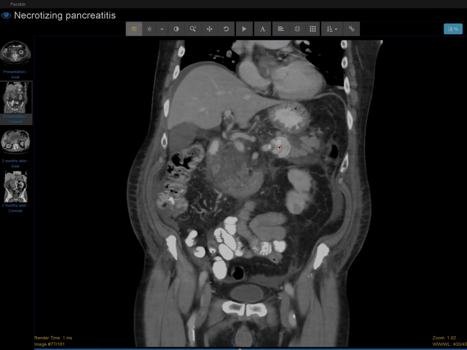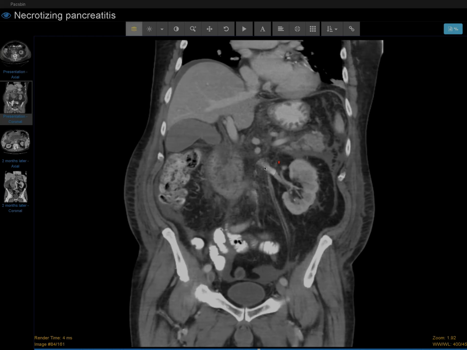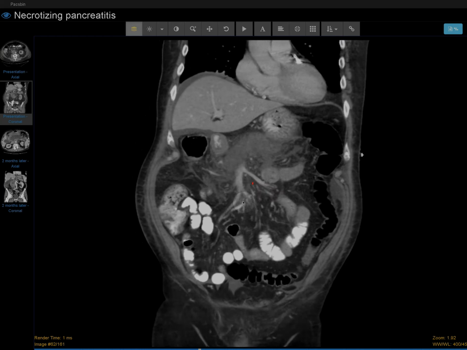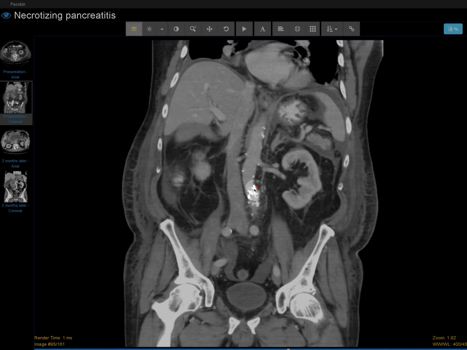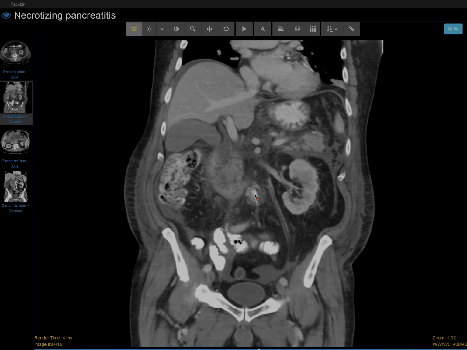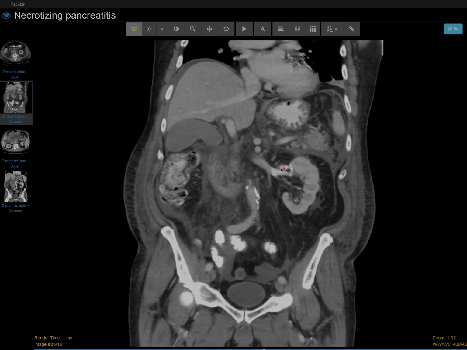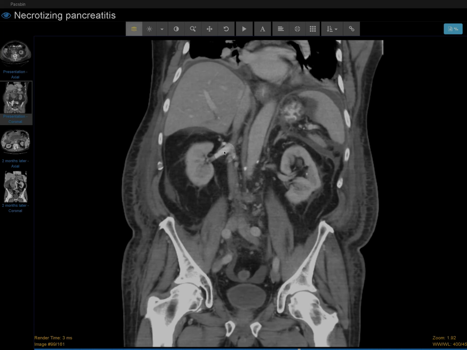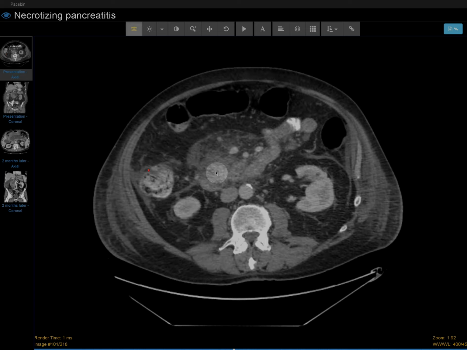Splenic artery right there. The superior mesenteric artery right here. Where's the inferior mesenteric artery? Let's see. It's coming right off here. A renal vein. Other renal vein. Okay, let me go down quickly.